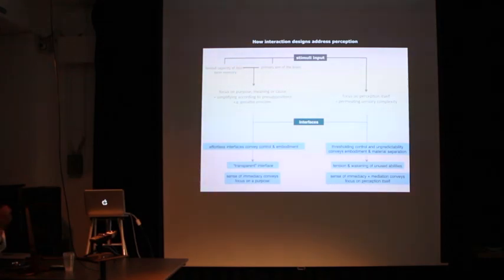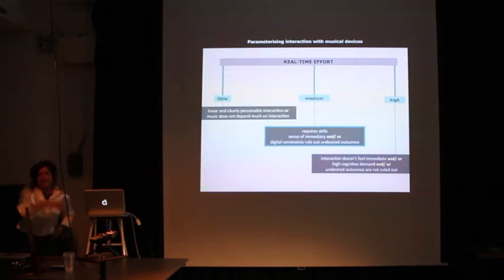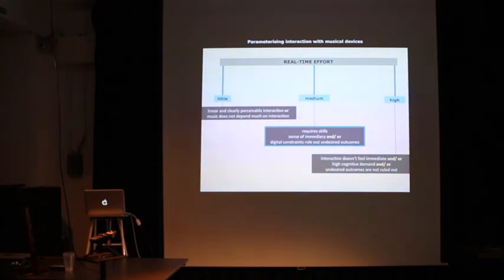It's almost like the instrument is another object. It's not you anymore. So this means a sense of immediacy plus mediation. This can convey a focus on perception itself. And this is a little bit what I want to bring to the pool of discussion here.